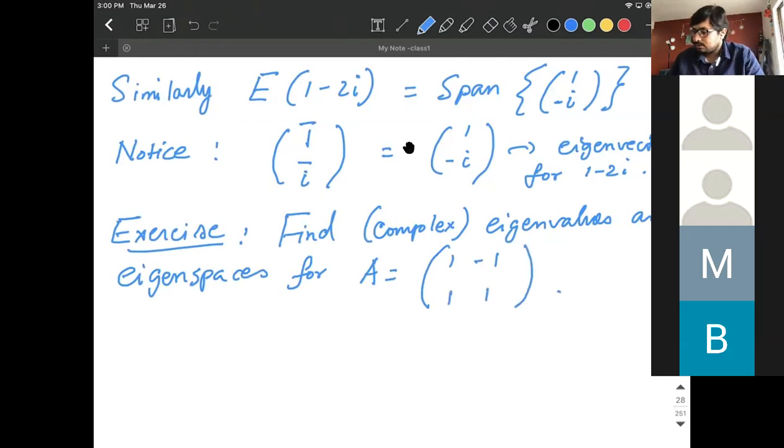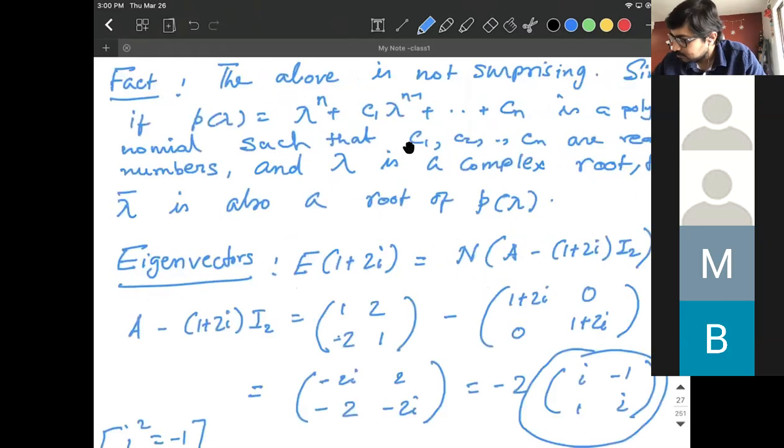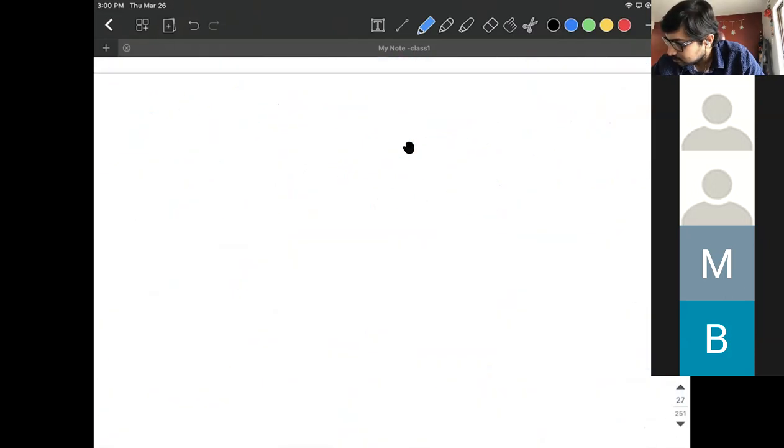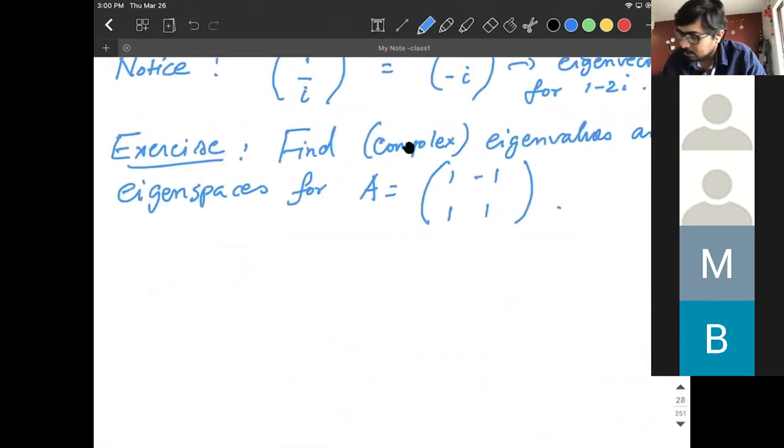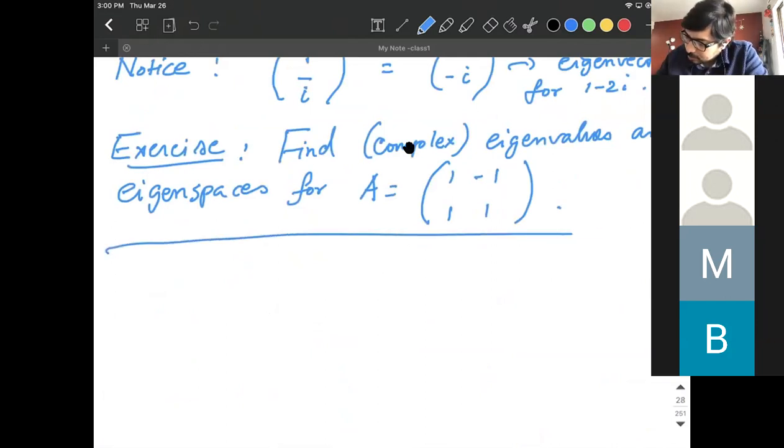Okay, so try this out. This phenomenon that the eigenvectors or the eigenvalues occur in complex conjugates is not something by accident.